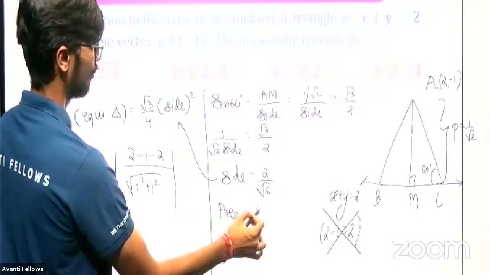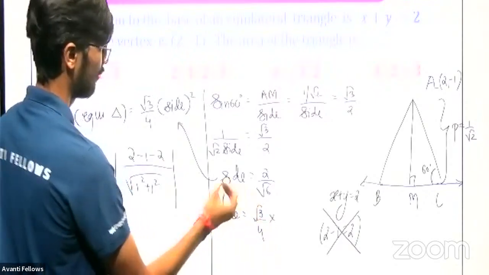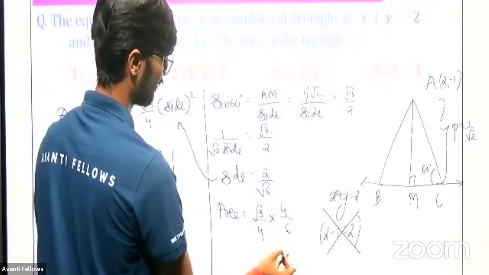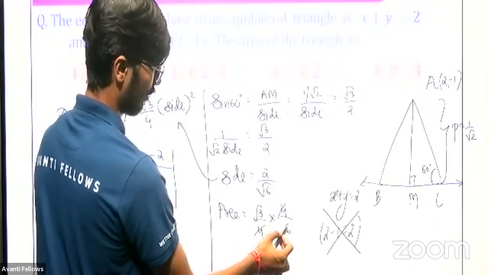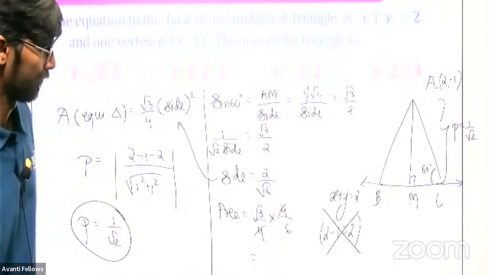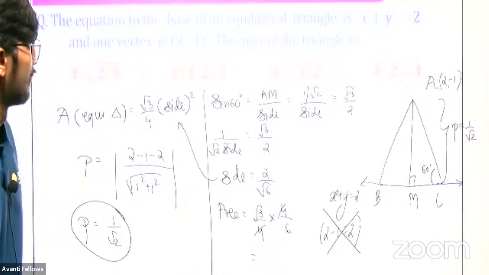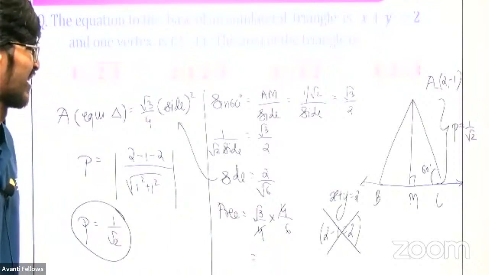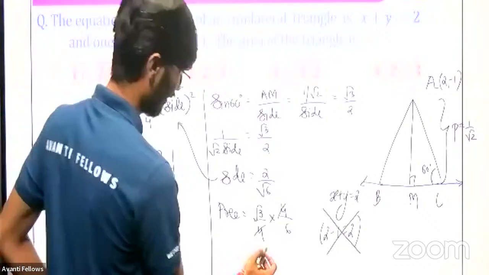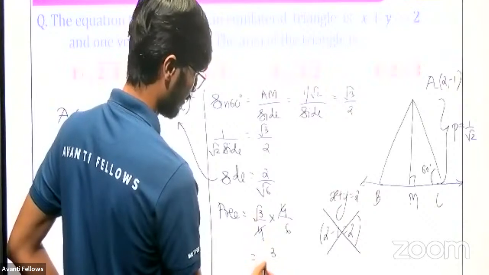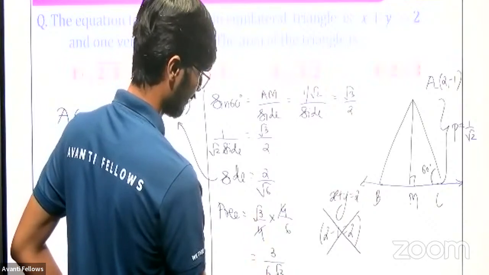Area will be equals to root 3 by 4 into its square. So 4 by 6. 4 and 4 will get cancelled. Here also we can cancel something out. I think, yes, we have to rationalize it. Yeah, if we rationalize it, I'll get root 3, 3 upon 6 root 3.